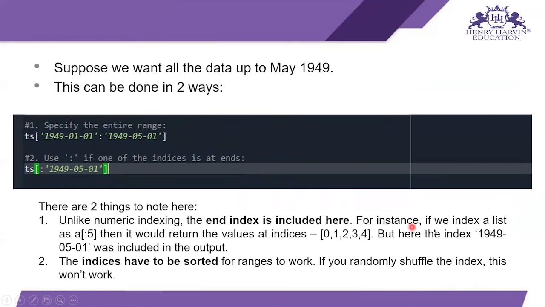For instance, if we index a list as A[:5], it would return the values at indexes 0, 1, 2, 3, 4. But here the index 1949-05 was included in the output. The next thing is that the index has to be sorted for ranges to work. If you randomly shuffle the index, this won't work.